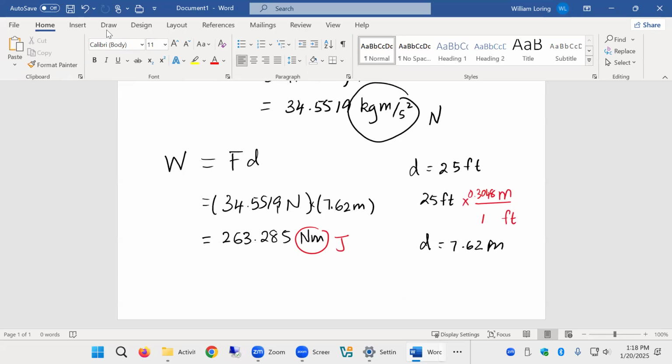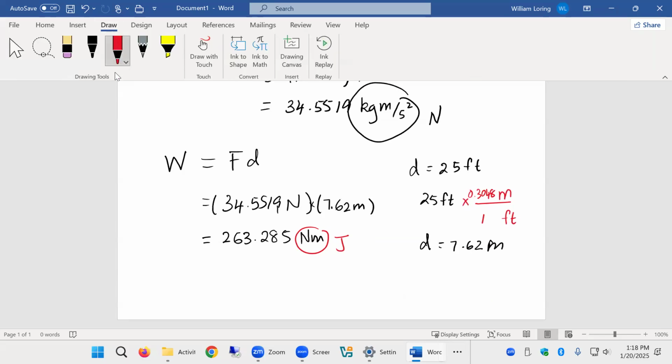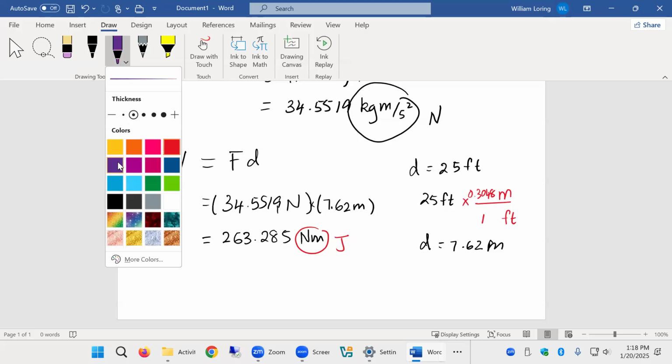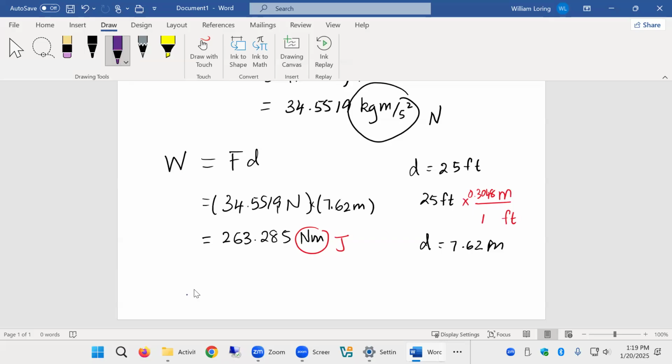So if I know this work done, and I need to find this, then I have to divide both sides by D. That will give you force is equal to work done divided by the distance. So you can calculate any information you like just by changing one equation.